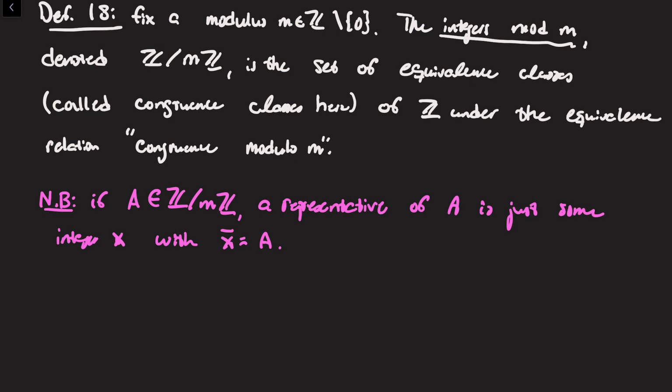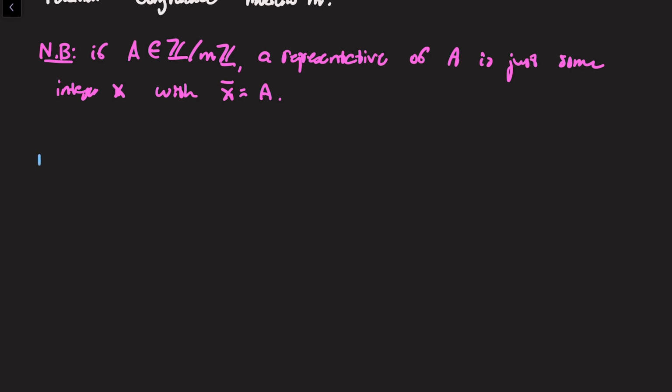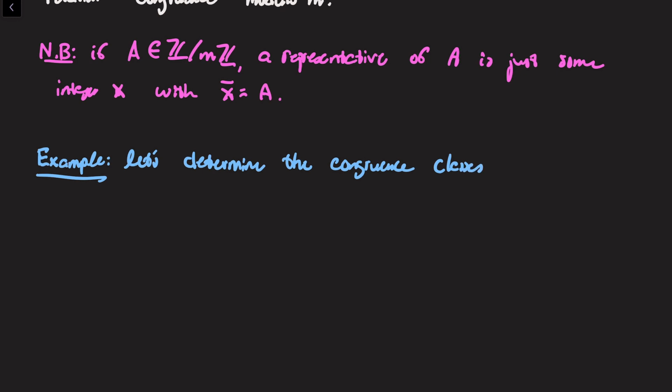So maybe we can do a quick example. And maybe pause and give this a shot yourself if you are curious. Let's determine the equivalence classes, or the congruence classes, of the integers mod 2.